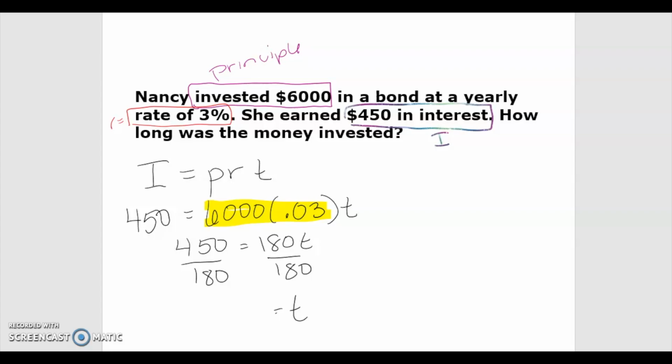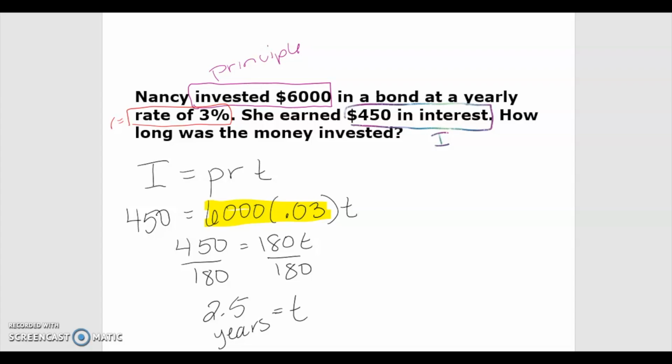And when we do that, we get that it took us 2.5, and time is always in years. So after 2.5 years, we earned an extra $450 just for investing our money. We didn't have to do anything else.